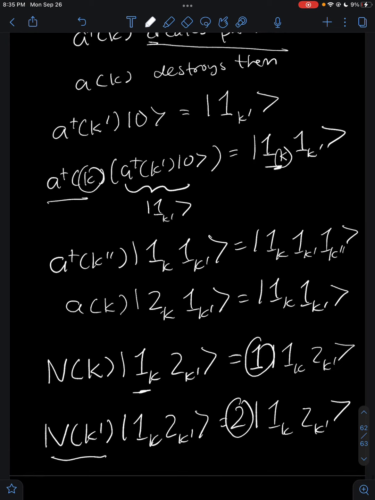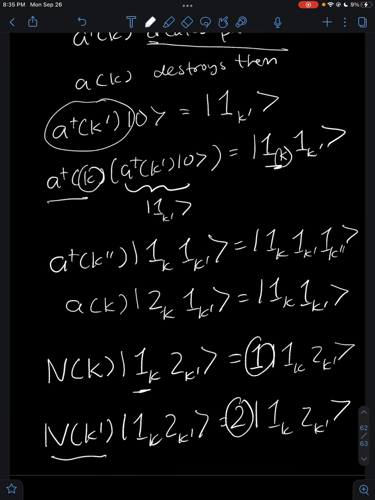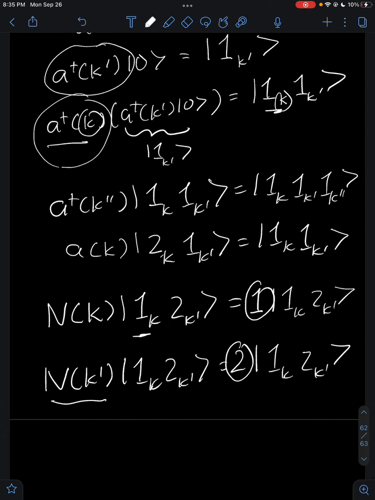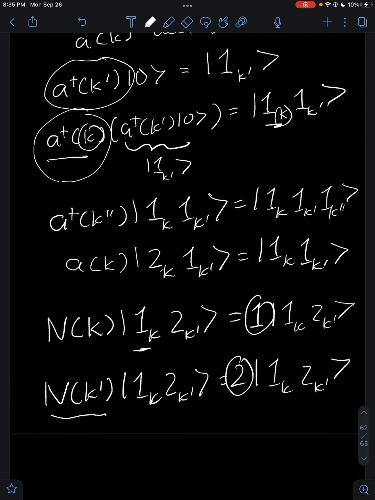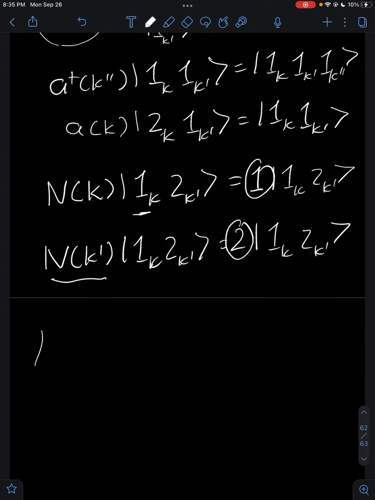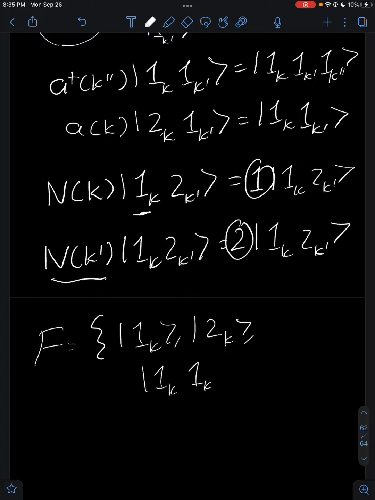So these creation and annihilation operators act like ladder operators, right? They allow us to move throughout our Fock space. Because remember that our Fock space is just the state space of 1 particle with momentum k, and then 2 particles with momentum k, 1 particle with k, another particle with, say, k prime, and so on, and then linear combinations of those things.